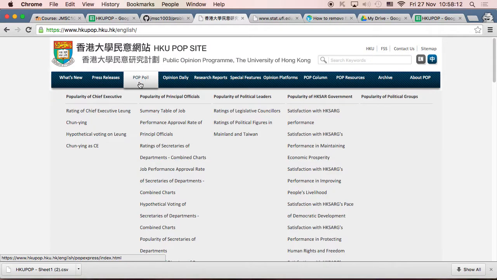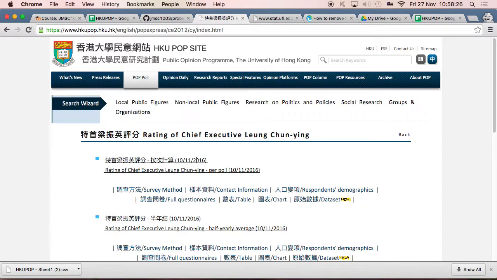Go to their website, and if you have problems reading Chinese, you can use the English version here. In the POP poll, there are 2 different kinds of poll done by HKU POP. The first one is the rating of CY Leung.